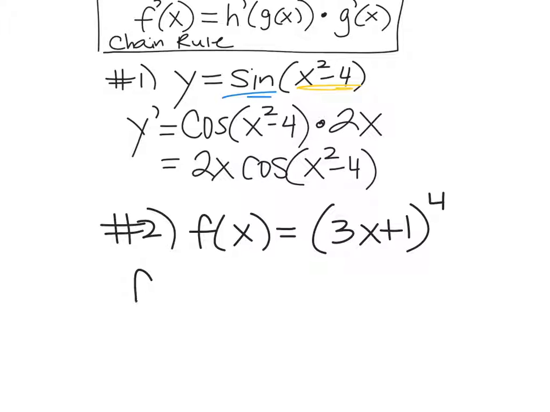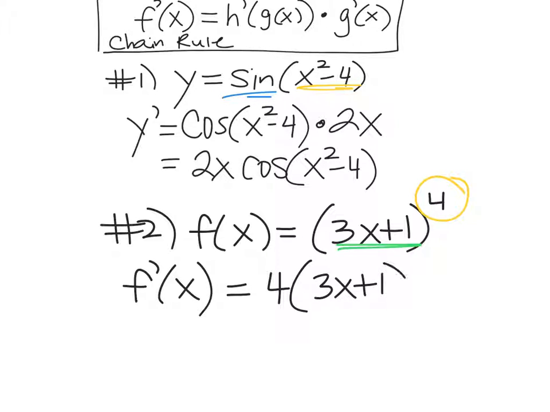So we're going to take the derivative. There's an outer function and there's an inner function. There's 2 functions going on. The outer function is the fourth power. It's like x to the fourth. The inner function is 3x plus 1. So this is what you do. To take the derivative, we're going to think of this as something to the fourth power. So we're going to bring the 4 down, leave the inside alone, and subtract 1 off.